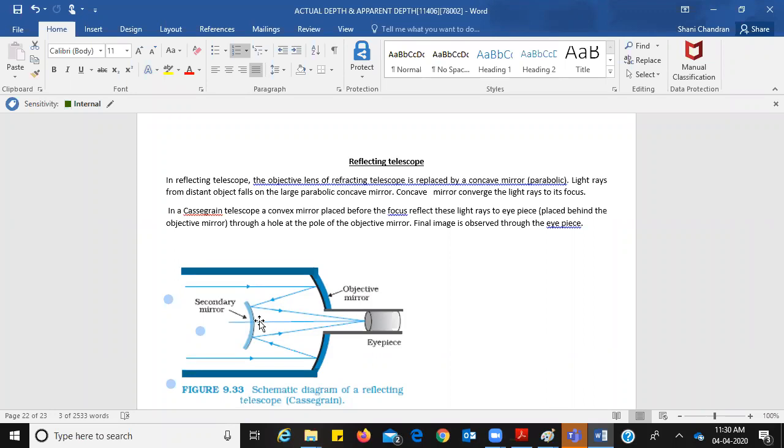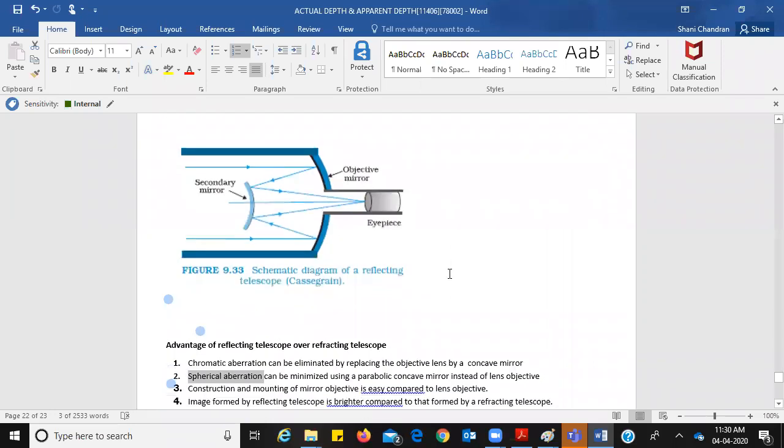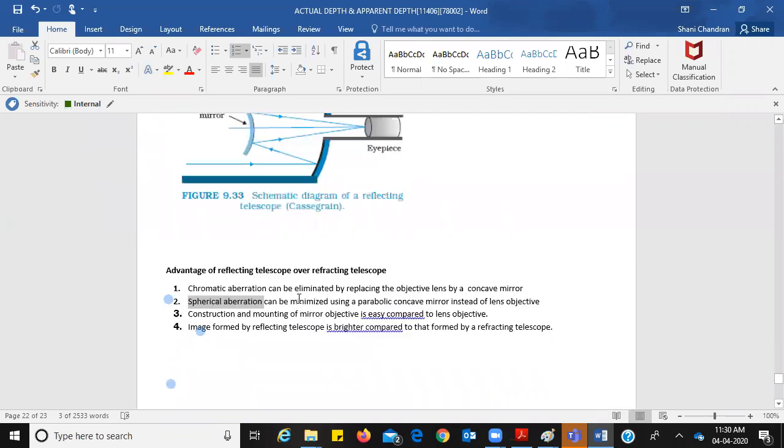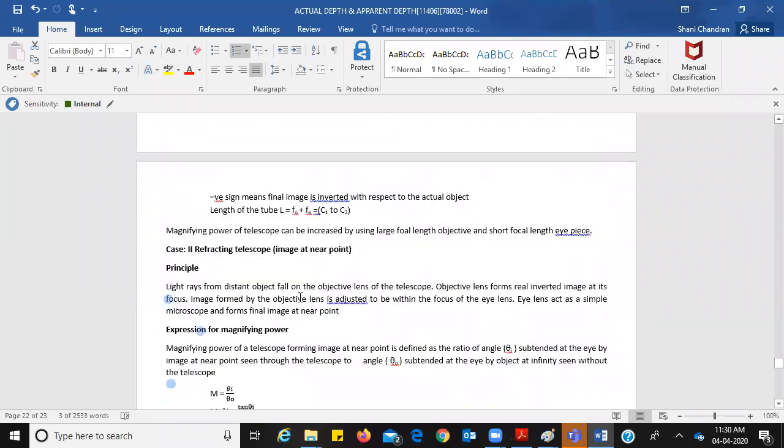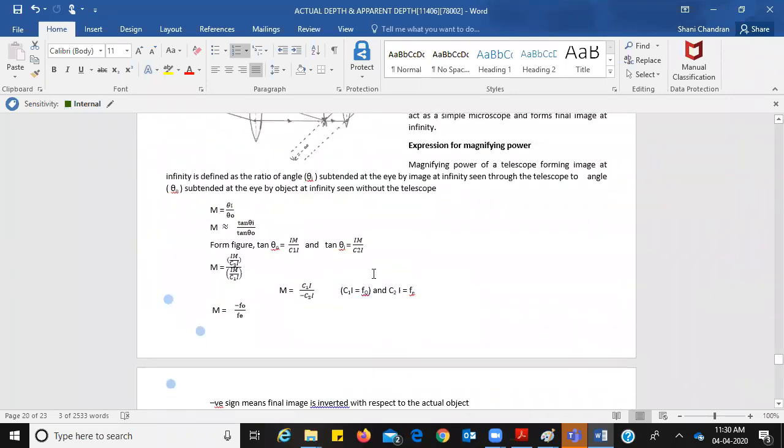Can you upload this file on the WhatsApp group? Is it there on Teams? I can't do that. The problem is my phone gets stuck after some time with such big files. You send me a mail, I'll forward it to you.